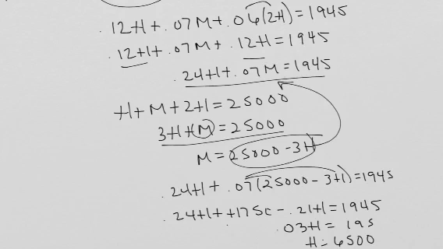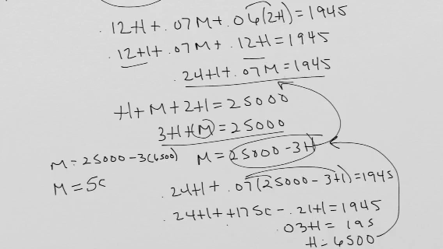Okay, so I need to back substitute. I can take that H is 6,500 back into here. So 25,000 minus 3 times 6,500. Typing that into my calculator, 25,000 minus 19,500 is 5,500.